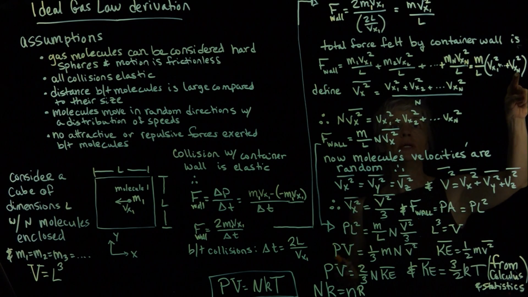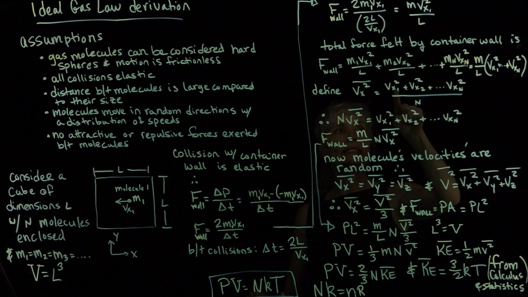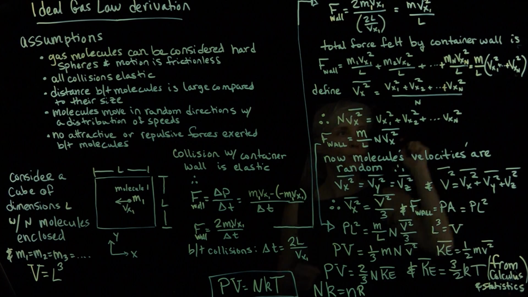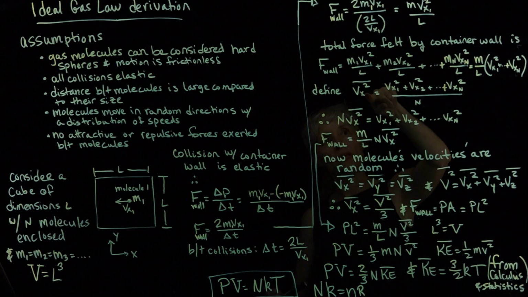Now what we're going to do is define the average of the speed in the x direction squared. So this is vx squared averaged, defined as the sum of all of these speeds squared for all of the molecules divided by the total number of molecules. This gives me the average squared speed.